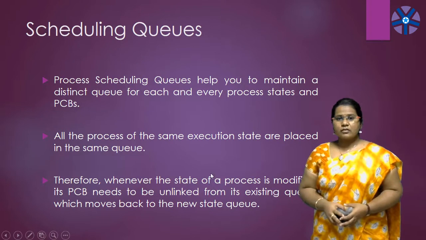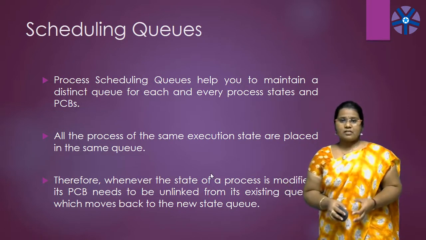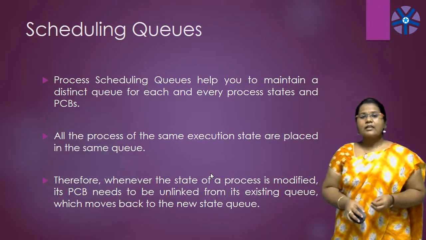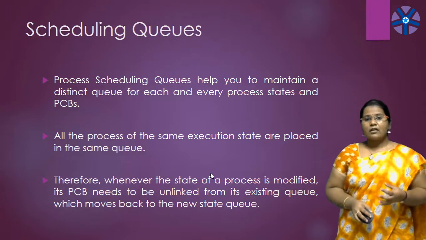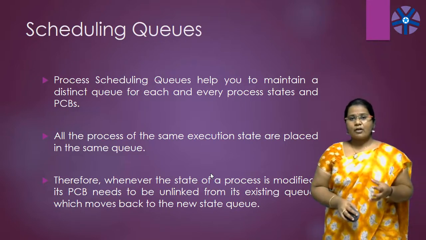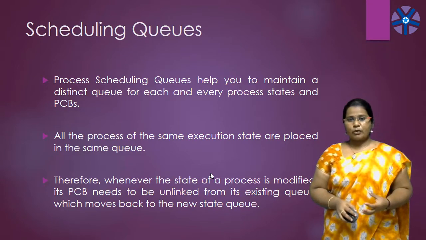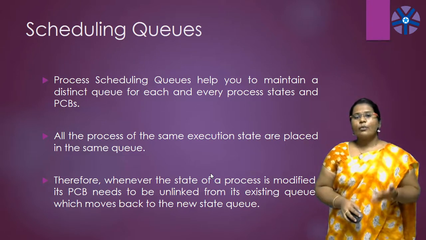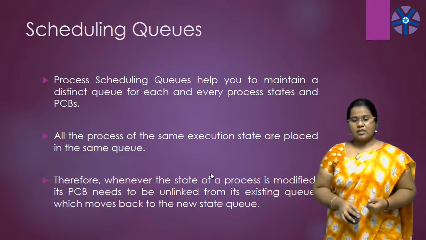Coming to the topic of scheduling queues. In order to allocate a process to the CPU for execution, there are different kinds of queues. A process may be in different states while executing. We have seen the 5 states: new, ready, running, waiting, and terminated.